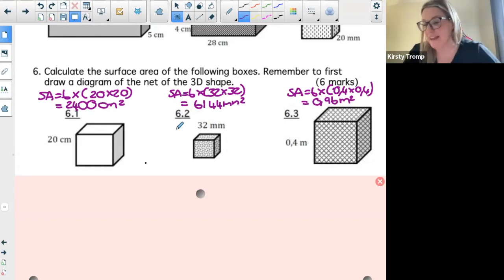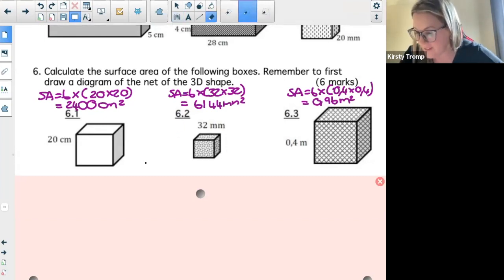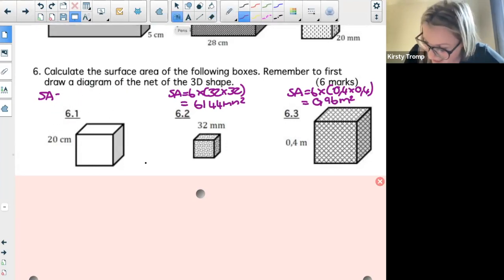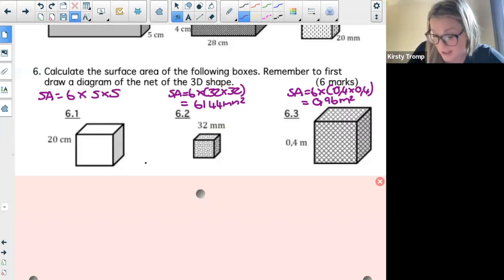Let's go work it out slowly. You ready? Okay, let's work it out slowly. So we should say surface area equals 6 times s times s. That's the first thing we should say. Then we're going to say 6 times 20 times 20 here.